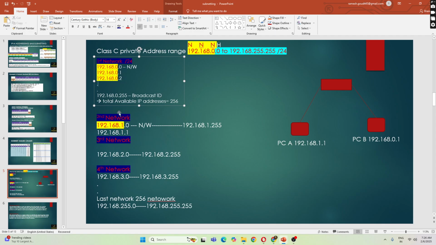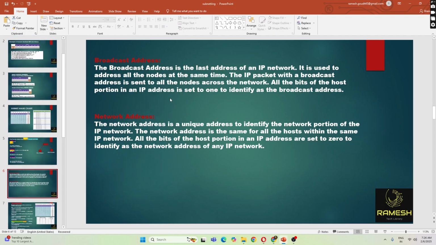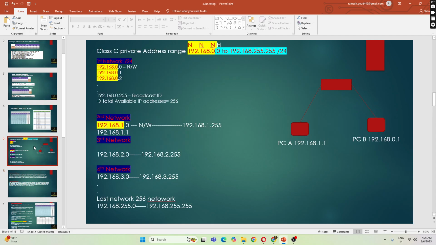That is called the broadcast ID. So the definition is here: the broadcast address is the last address of the IP network. It is used to address all the nodes at the same time. Network ID is a unique address to identify the network portion of the IP network. Guys, understood or not? Please tell me.